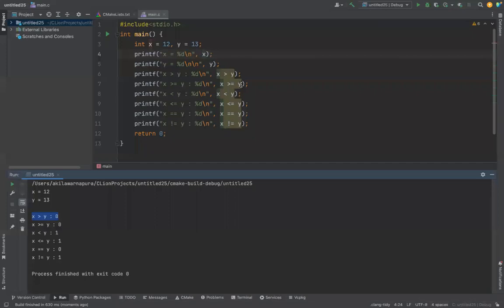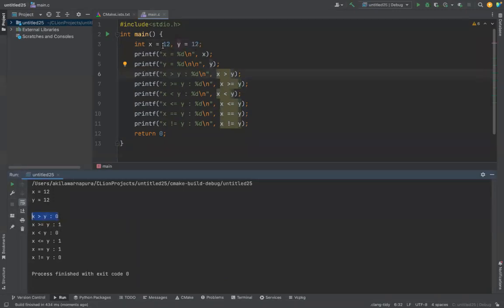x greater than or equal to y. Is x greater than y? No. Equal to y? No. Both are false. Therefore x greater than or equal to y is also considered as 0. Suppose that y is also 12, then what happens? x greater than y is obviously false because x is not greater than y, it is equal.